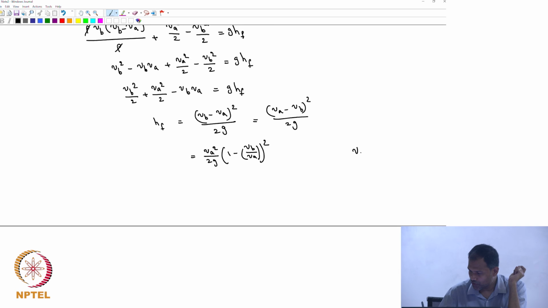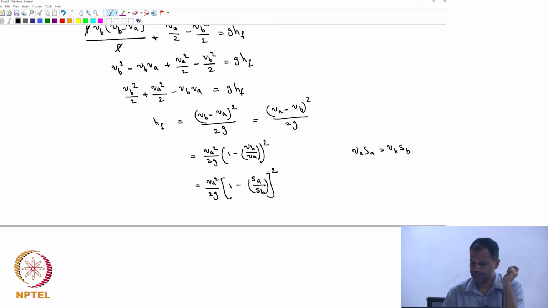But we do know that VA SA is VB SB. So therefore, VA square by 2g into 1 minus SA by SB whole square.